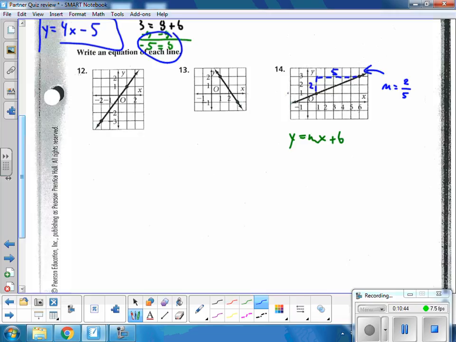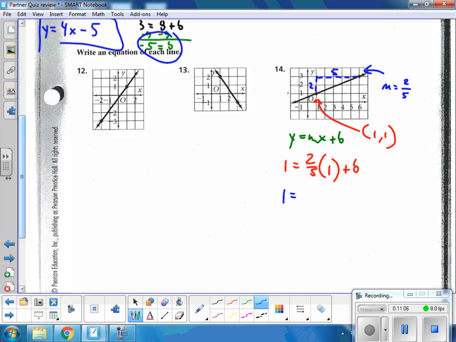So I got my slope, and I'm going to go ahead and then use a point. So that point right there is at 1, 1. I'm going to use my point and a slope and solve this. So y equals mx plus b, so it's 1 equals 2/5 times 1 plus b.